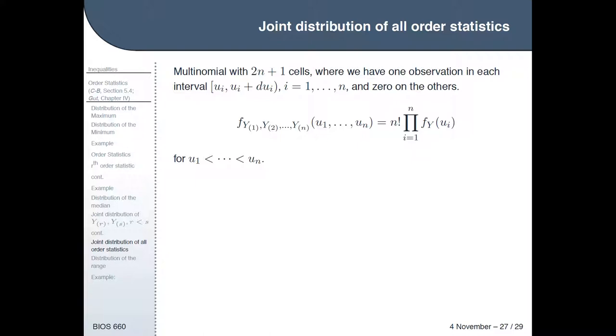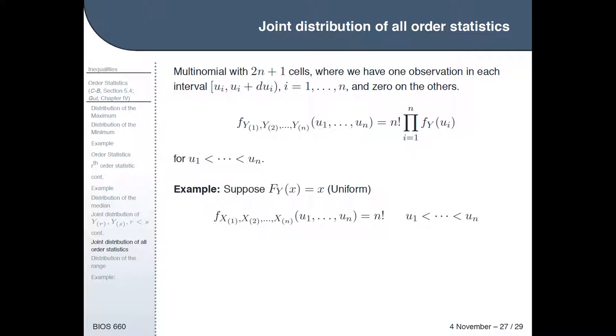Well, that's just going to be n factorial divided by 1 factorial, 1 factorial, 1 factorial, 1 factorial. Just n factorial times p1, p2, p3 up to pn, which is just the product of all the individual marginal densities. So it actually turns out to be surprisingly not ugly. It's just n factorial times the product of a bunch of marginals, subject to the constraint that everything is in the right order.